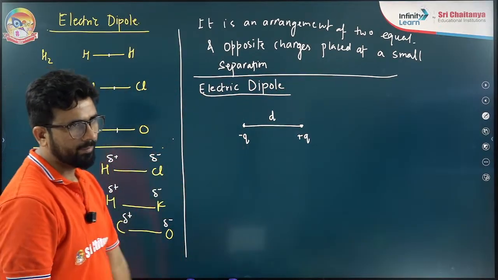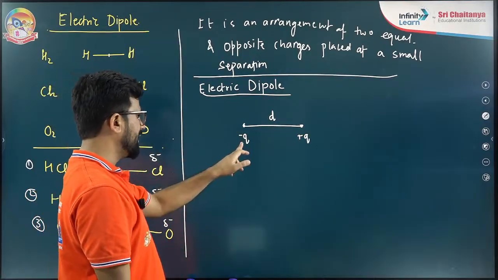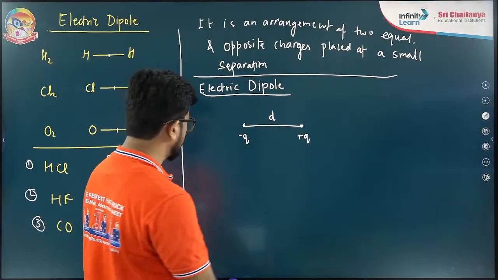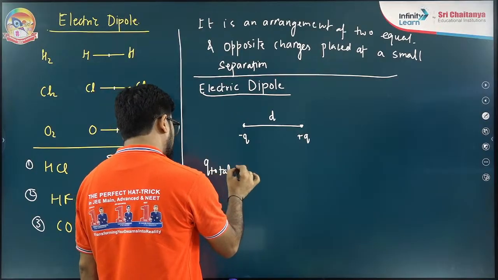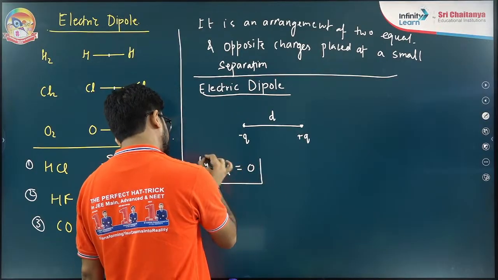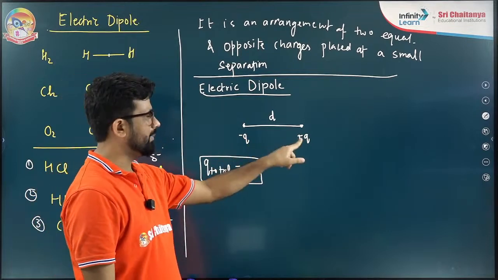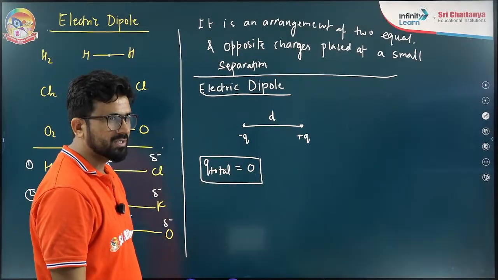When I say this is an electric dipole, one is negative and one is positive. If I ask you what is the total charge on the dipole, Q total, that is equal to 0, because minus and plus, if you add them, become 0. Total charge is 0.